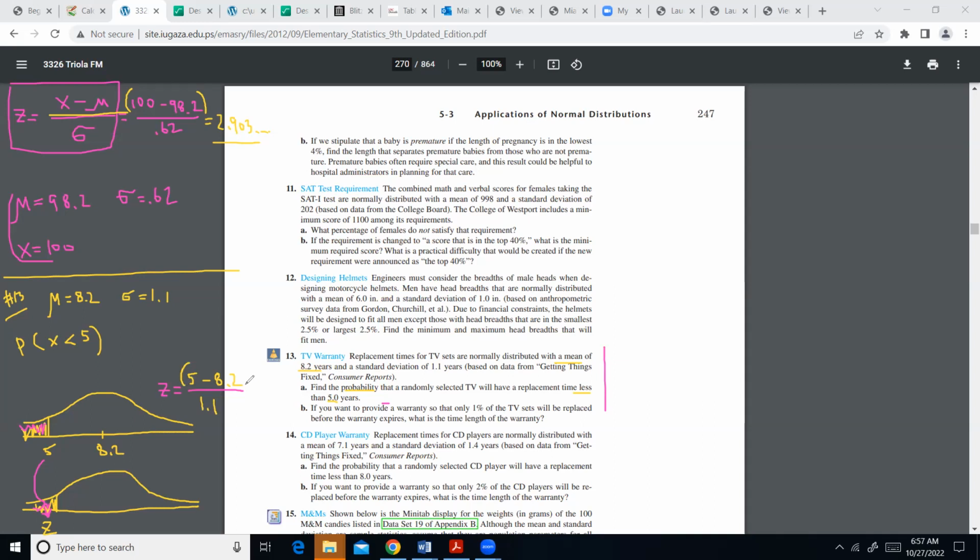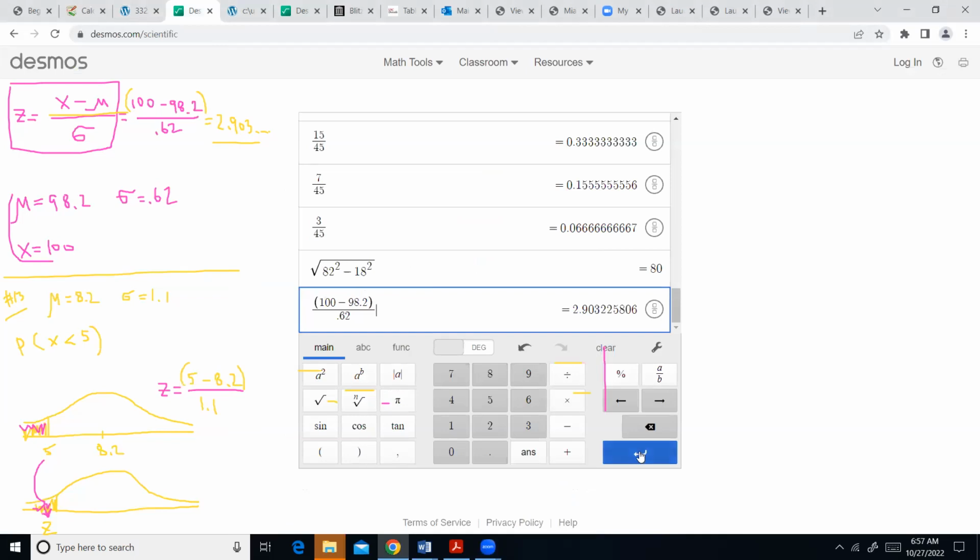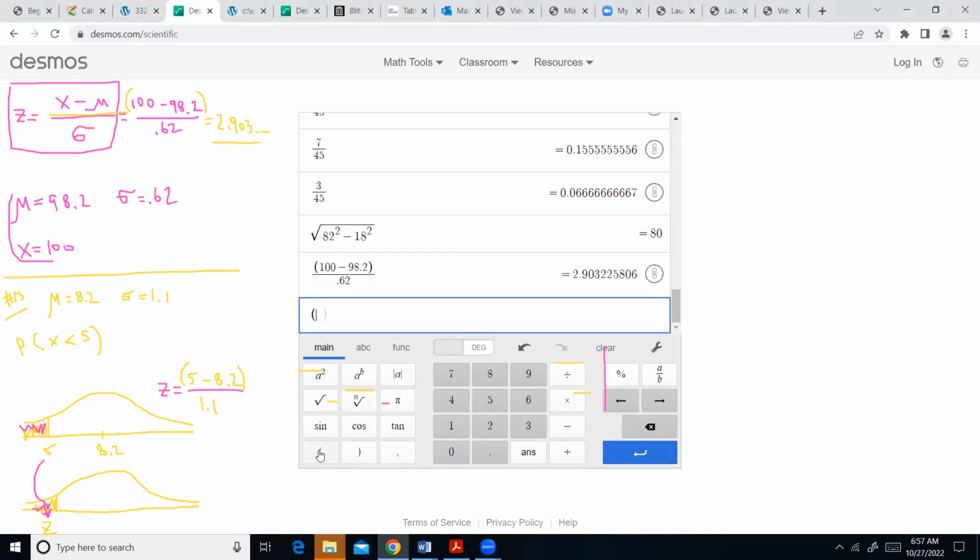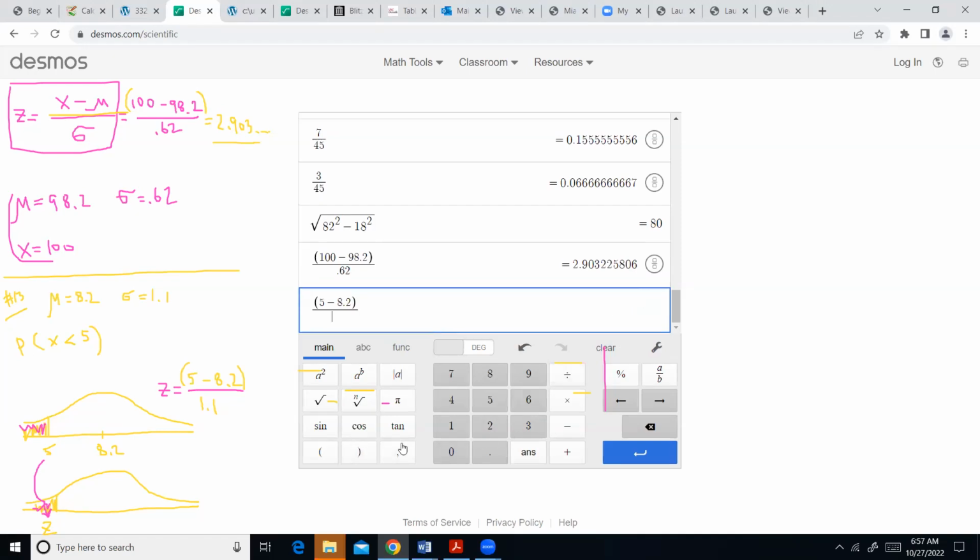And parentheses will be used for my numerator. So it's an analogous calculation, just a little different numbers, but the calculator doesn't really care what numbers you put in it, right? So it's 5 minus 8.2 in parentheses, and divide this difference by 1.1.